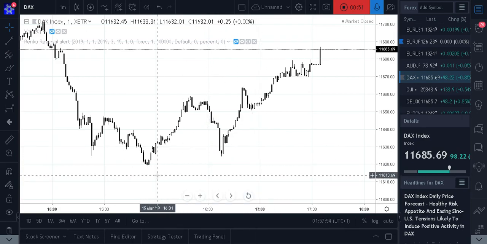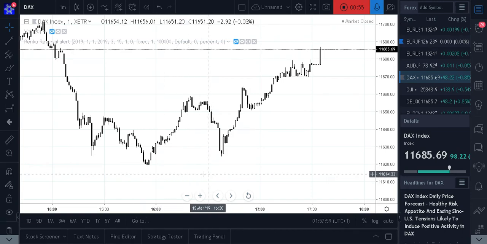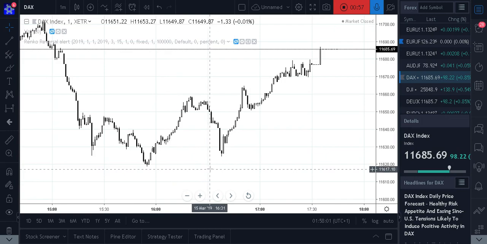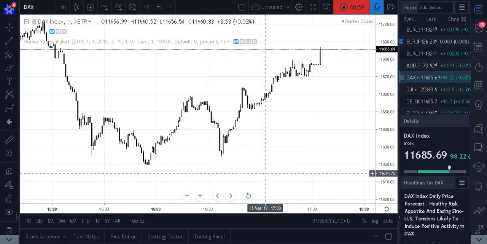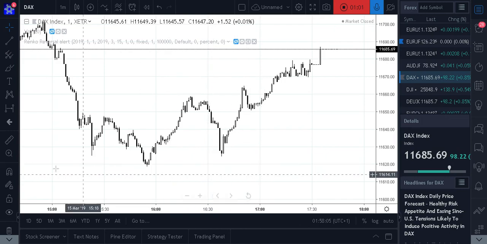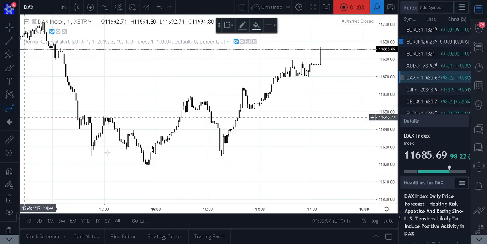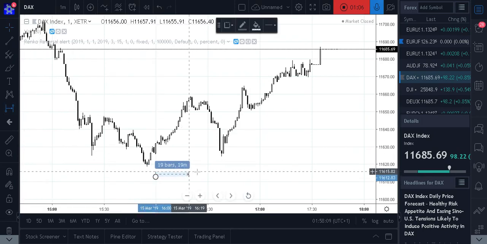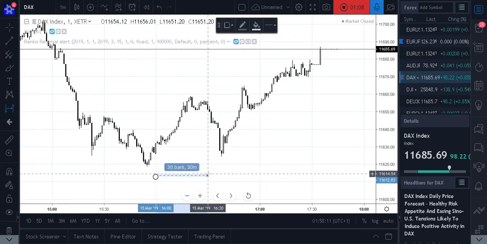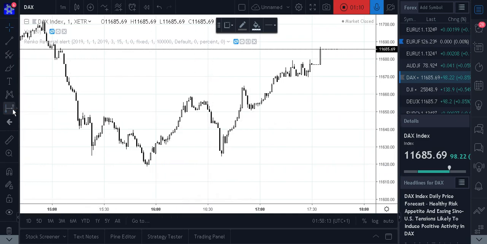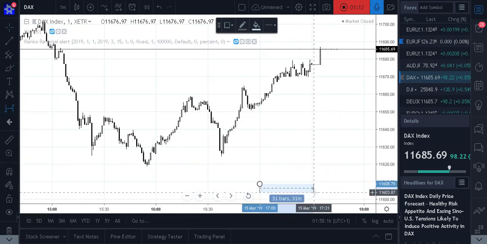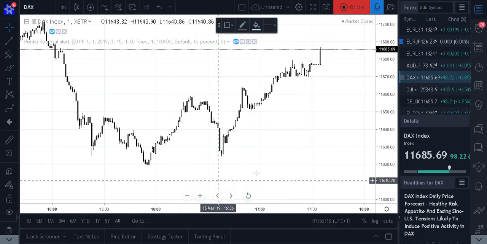If this distance right here represents 30 minutes, then this will stay constant for the entire chart. You can also see this by using the date tool. So this is 30 minutes, and this will also be 30 minutes, and these are equal lengths.